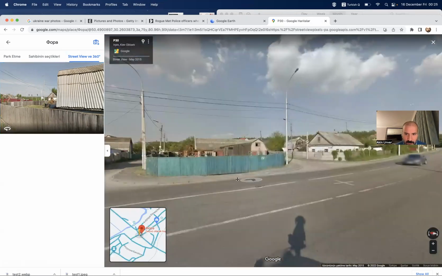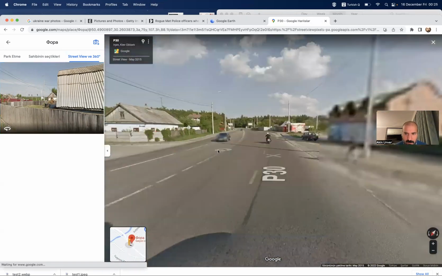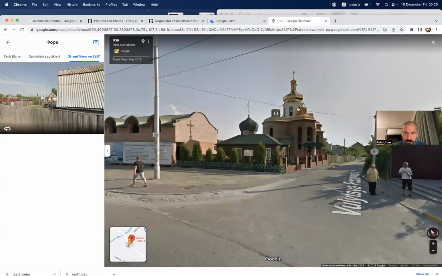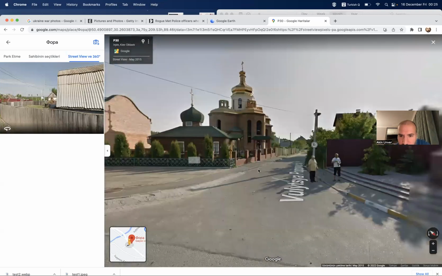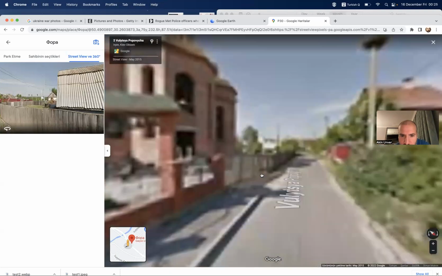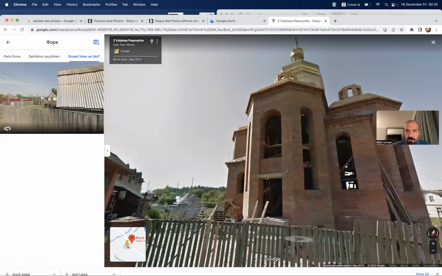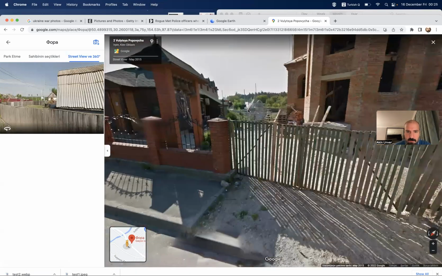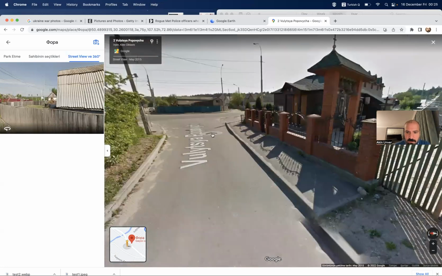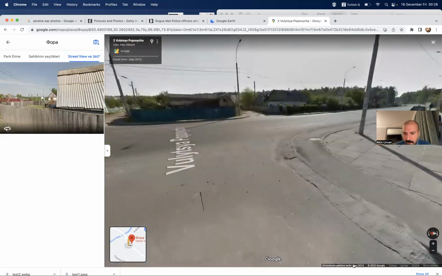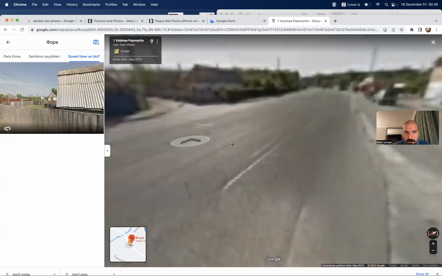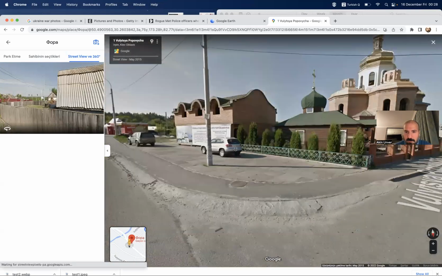So what I'm trying to do is look at the church. So this is the church. But I can't really see. The church is still being built, as you can see. But as of 2015, which is the date here, I still do not have it.